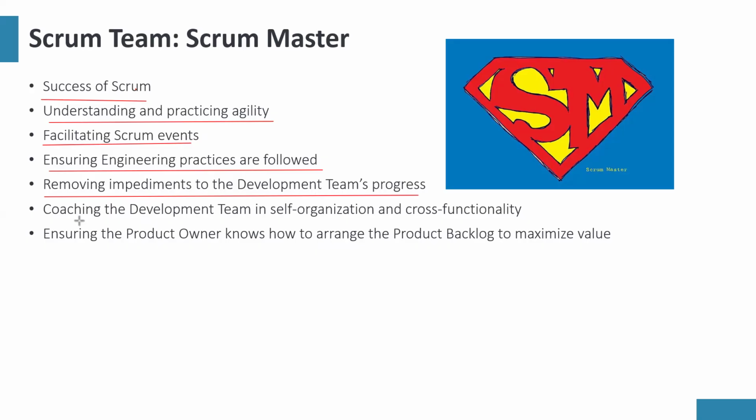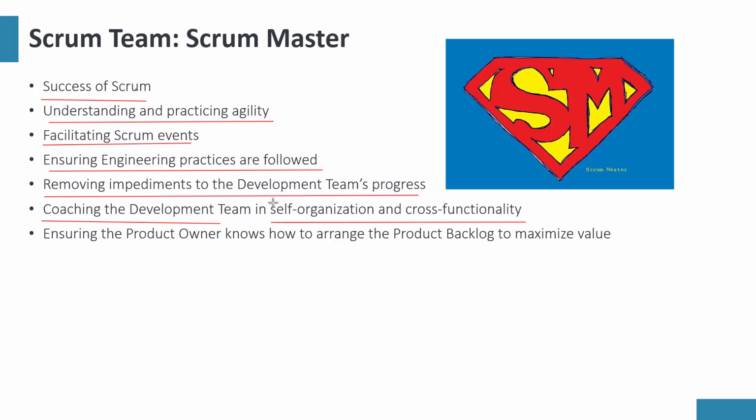The Scrum Master is also responsible for coaching the team into self-organizing and cross-functionality, which means it's your job as a Scrum Master to coach so that the team works by themselves. Nobody needs to ask questions. The team can self-organize. The team can work on tasks, distribute to themselves, and be accountable to themselves.